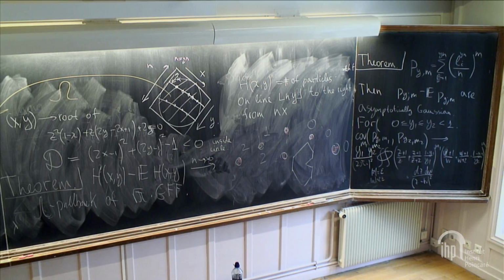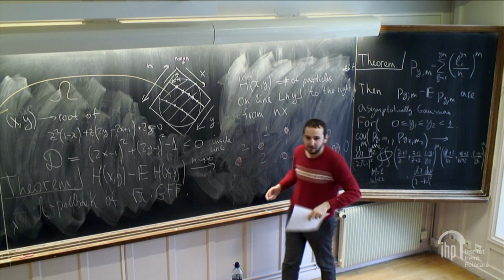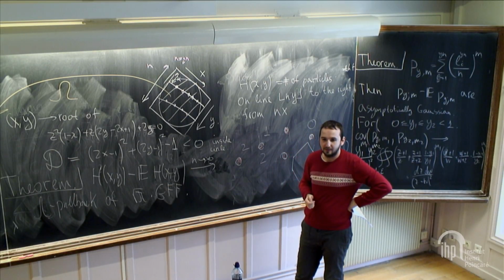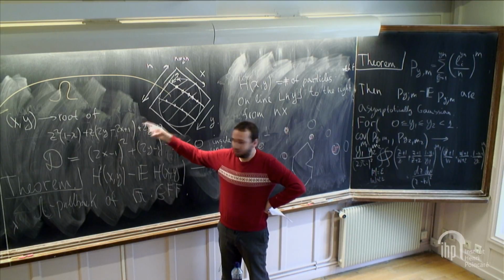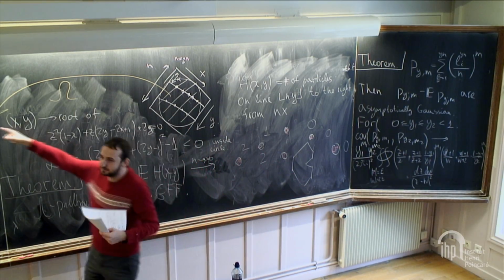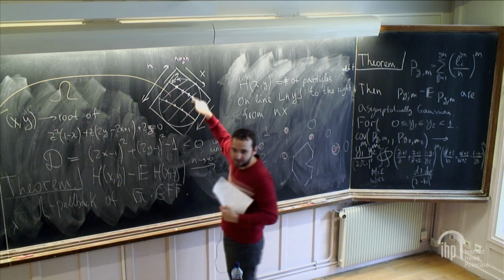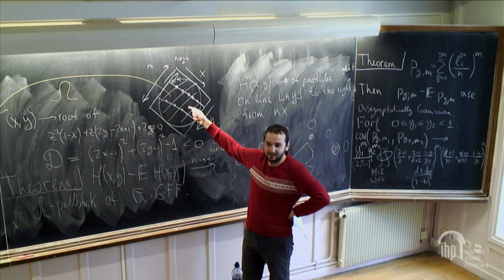Now let me comment really about this theorem. What is universal here, and what is not universal? You cannot write the covariance as the Green function inside, because you need this complex structure. This map defines a complex structure inside this circle, but it will not be the usual complex structure from the plane.